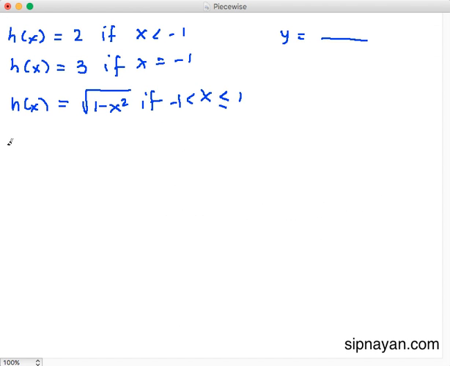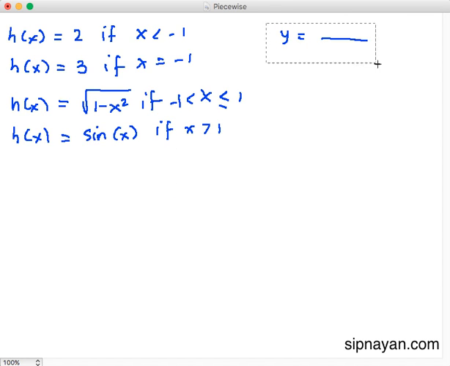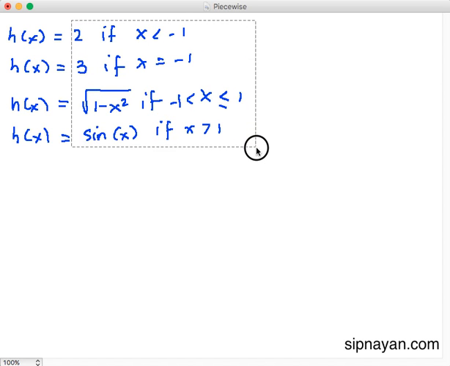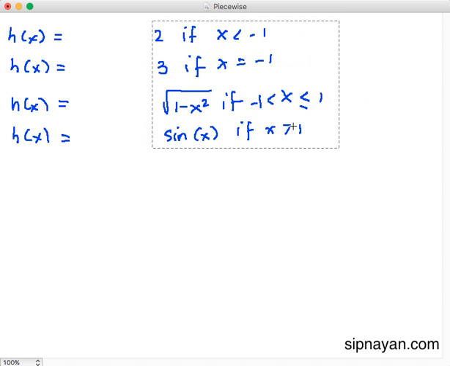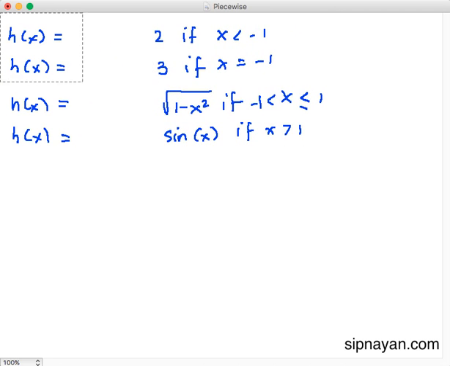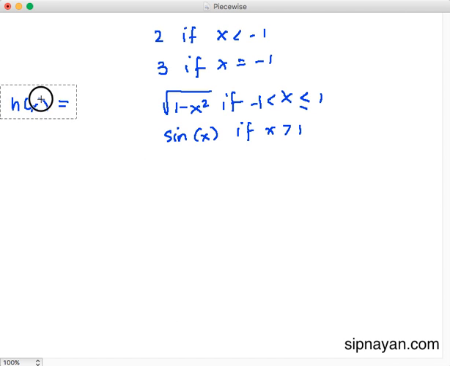So, h of x equals sin x, if x is greater than 1. Okay? So, yan na yung ating equation ng ating function. Siyempre hindi naman natin yan lahat pwedeng ilagay yung 4 na h of x. Ang nilalagay lang dyan na isa. No? So, if you've watched the previous videos, you'll know already this, no?